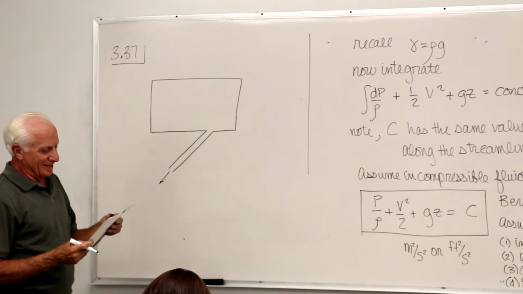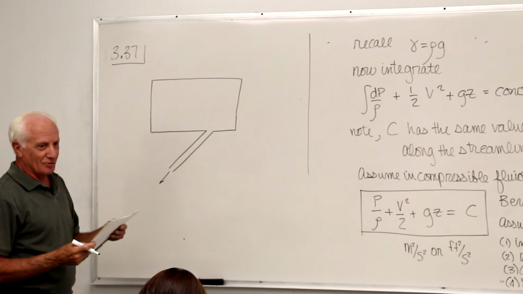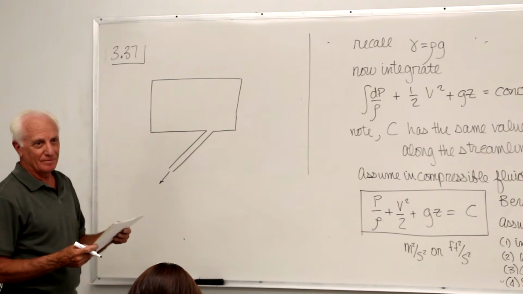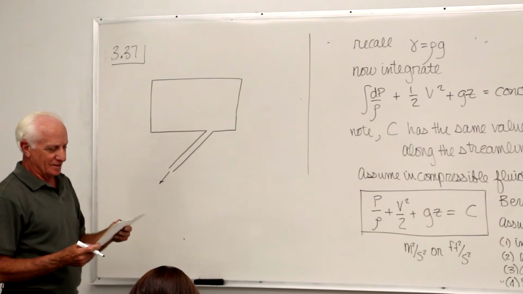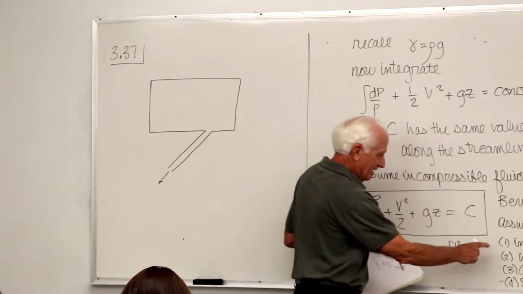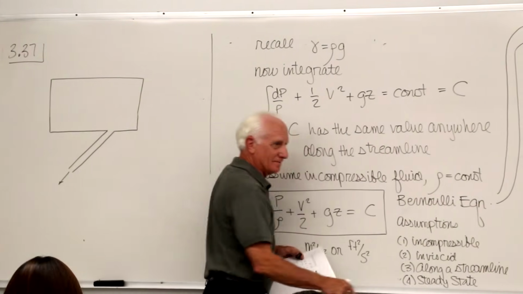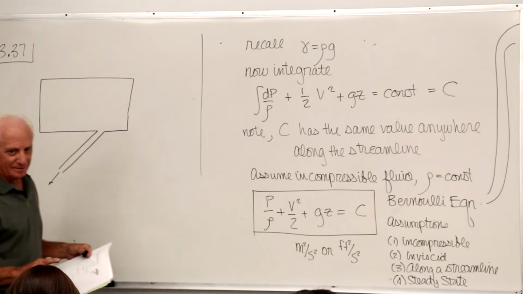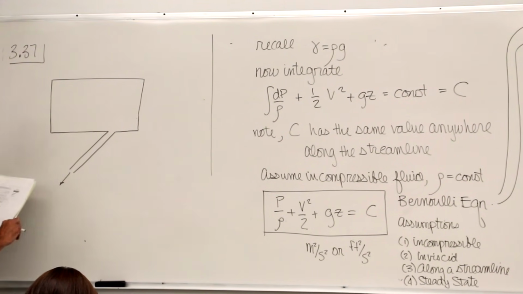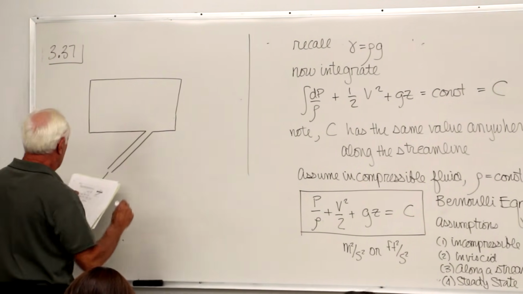An inviscid, incompressible liquid flows steadily. First 6 words, major giveaway. An inviscid, incompressible liquid flows steadily. Yes, yes, yes. Not 3 yet. We'll get there. In this tank is a liquid.